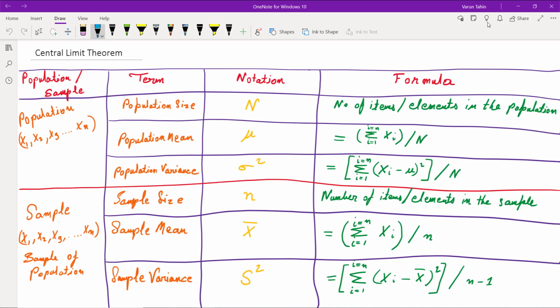The difference is that instead of the population mean as the subtractive value, we have the sample mean, and the denominator will be n minus 1, which is the sample size minus 1. Now this is a complex logic and out of the scope of this session, but just remember, guys, that in case of samples this will always be n minus 1.